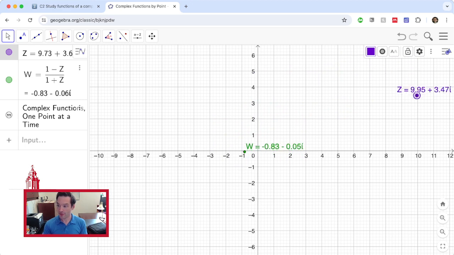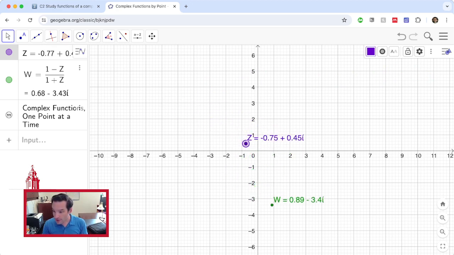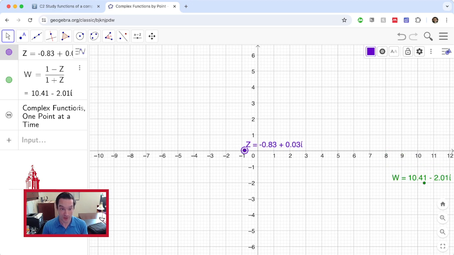It looks like the further my input gets away from the origin, the closer my output gets to the complex number -1, right? That's almost like an asymptotic observation. And also, the closer that my input gets to -1 in the complex plane, it looks like that makes my output want to run away. That's kind of like a vertical asymptote in a way from the secondary curriculum for real functions, right? When my input gets close to -1, my output tends to run away from the origin out to the fringes of the complex plane.